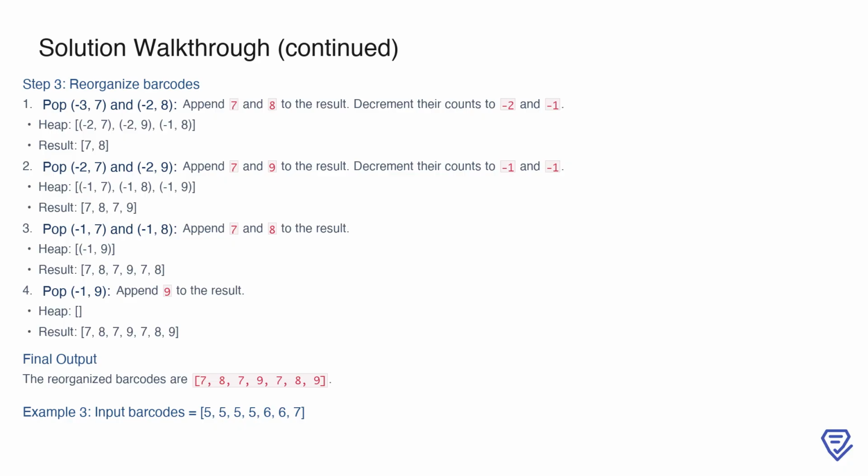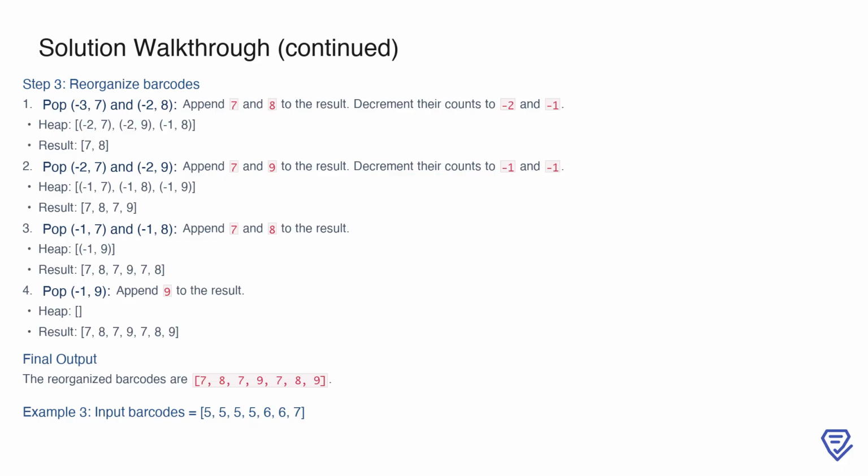In the first iteration, we pop (-3, 7) and (-2, 8), corresponding to barcodes 7 and 8. These are added to the result array, and their counts are decremented to -2 and -1. Both barcodes are pushed back into the heap. The heap is now (-2, 7), (-2, 9), and (-1, 8), and the result array is 7, 8.